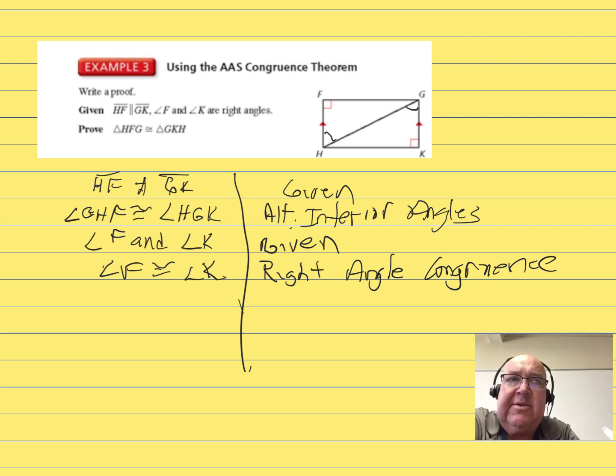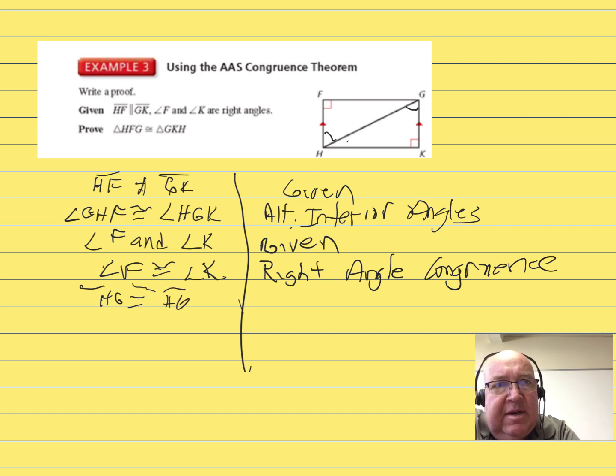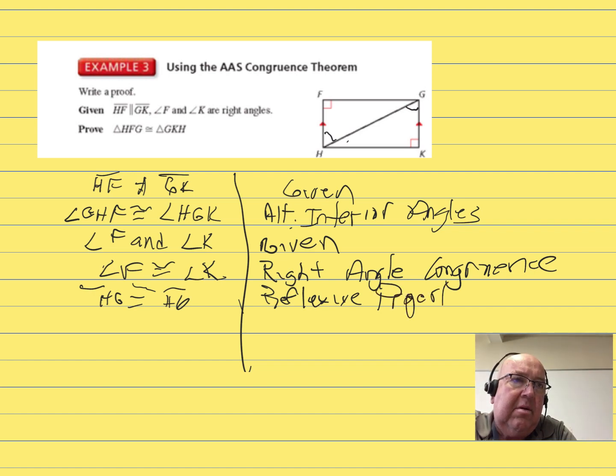We can also state that segment HG in the middle is congruent with segment HG. Again, that's the reflexive property. So now we have congruence with two angles.